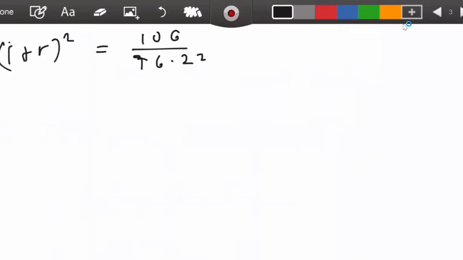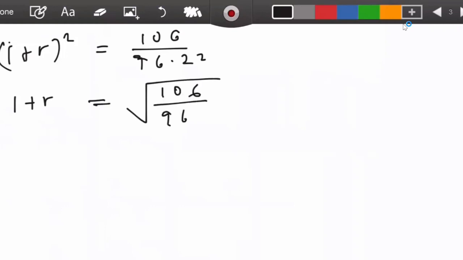From your knowledge of change of subject of formula in mathematics, we want R to be isolated. So I will take the square root of both sides. 1 plus R will be the square root of 1 plus R raised to power 2, and I also need to take the square root of 106 all over 96.22.